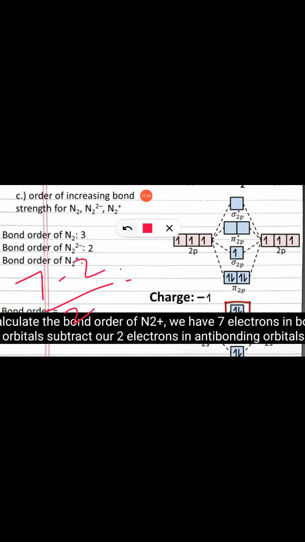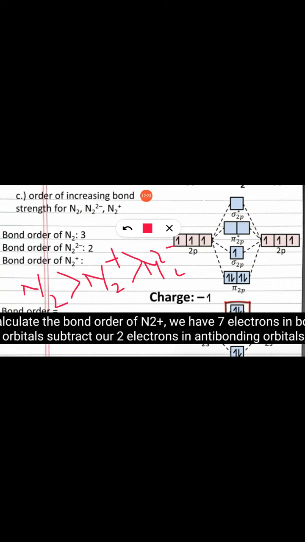Now see, as we calculated the bond order of N2 plus and N2, N2 gives a bond order of 3, N2 2 minus has bond order 2, and N2 plus has bond order 2.5. If we arrange them in order, 3, then 2.5, then 2, the species are arranged in this way: first N2, then N2 plus, then N2 2 minus, in decreasing order.